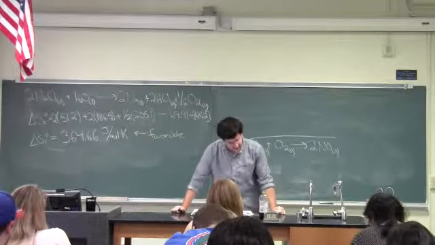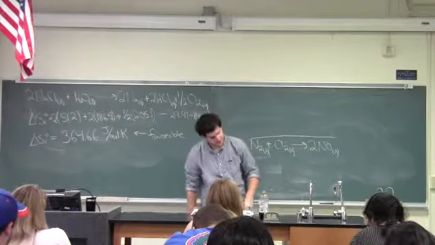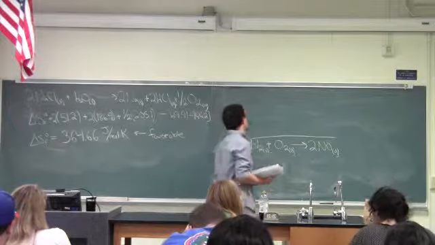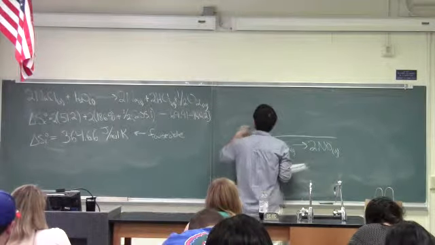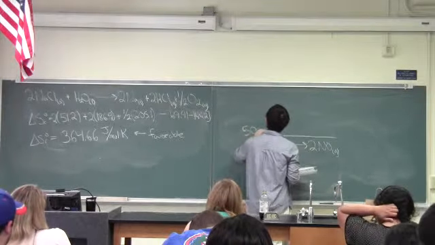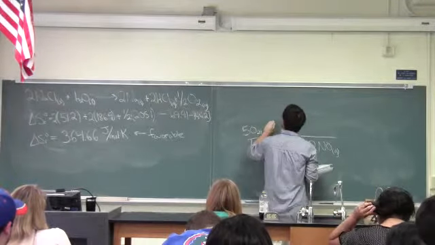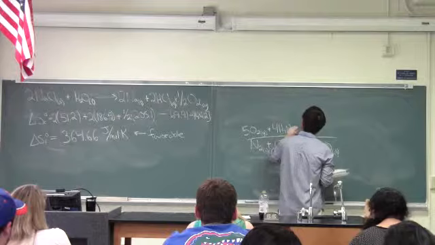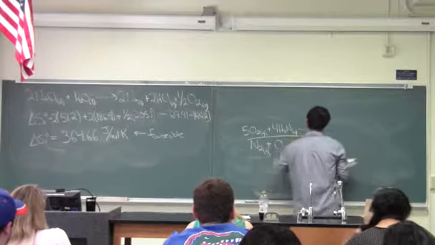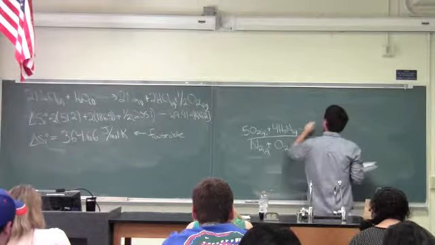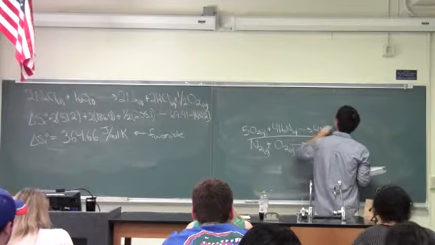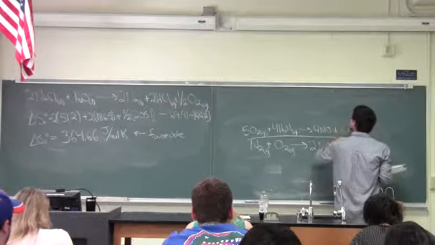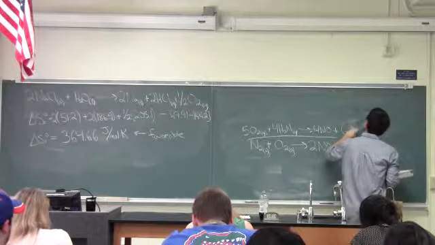I have it as a reactant for delta H2, so I'll go through and I'll write this reaction backwards. 5 moles oxygen plus 4 moles ammonia reacting to give me 4 moles of my desired product, NO, and the leftovers, 6 equivalents of liquid water.